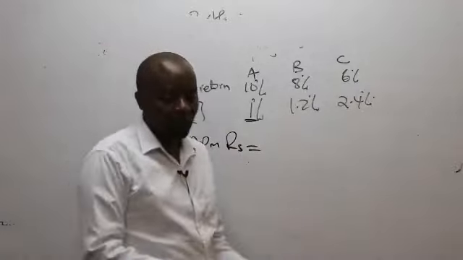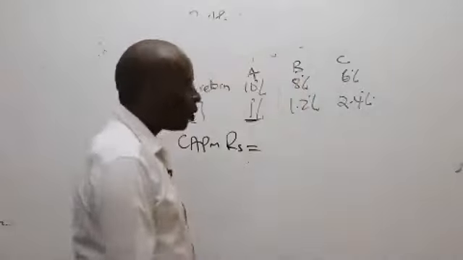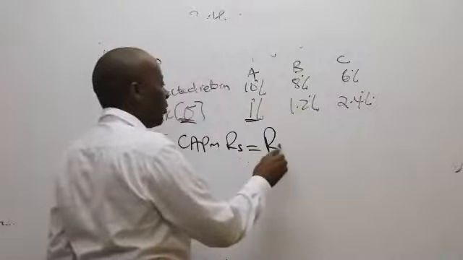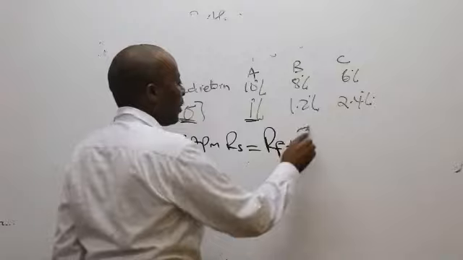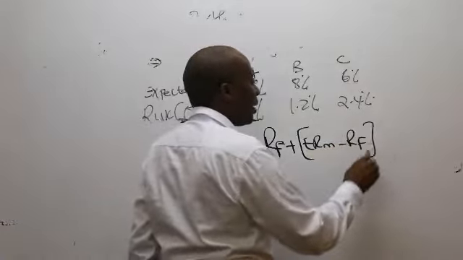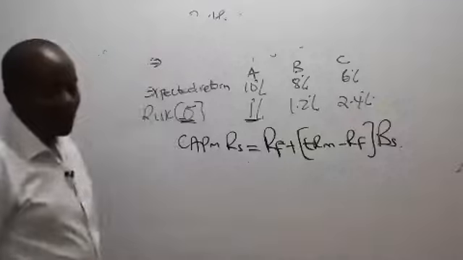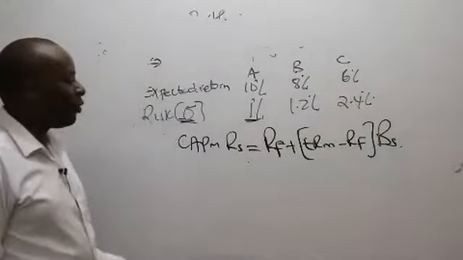How come nobody has written for us? Thank you very much, I can see several of them. Juliet has told us that this has to be the risk-free rate plus, in brackets, ERM minus risk-free, multiplied by the beta of a security.